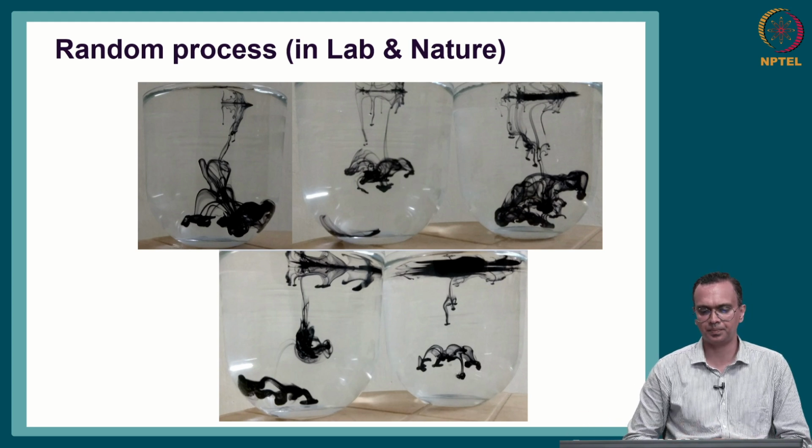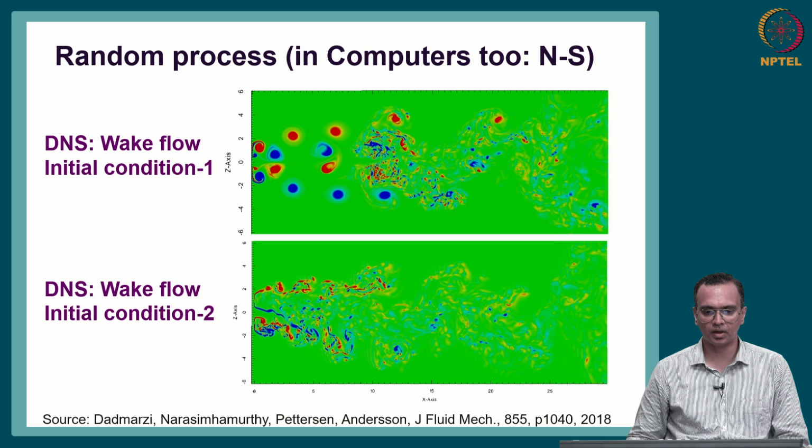It is exhibiting some randomness in its process, and this I am talking about temporal evolution, that is how turbulence is evolving in time, not in a statistical viewpoint. And of course, one can also get this random process captured in a computer too, because the Navier-Stokes equation knows about turbulence, right? Which term knows about it, we will talk later.